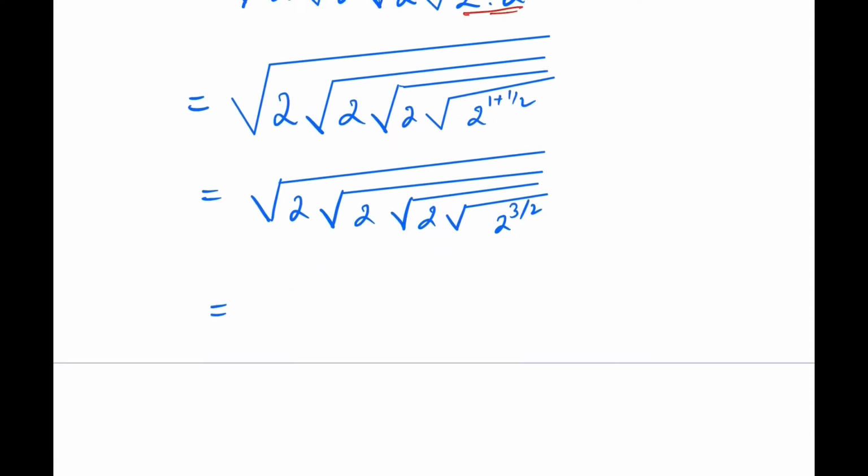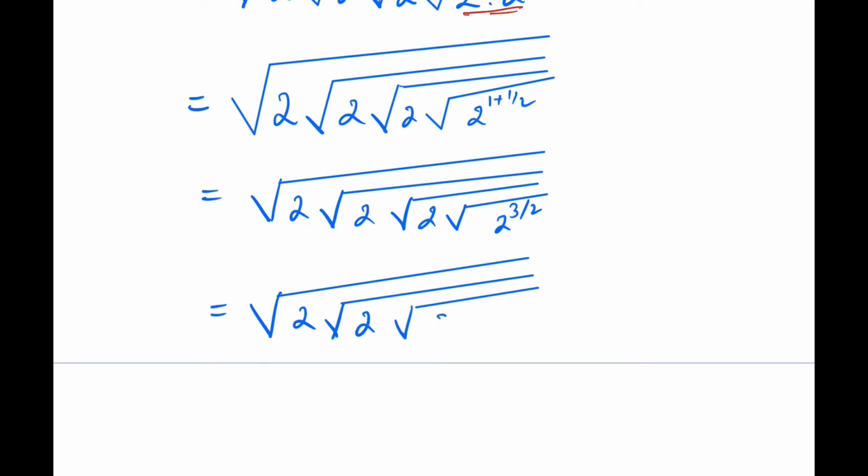Now this is equal to square root of 2 into square root of 2 into square root of 2. Now this one we can write into 2 raised to the power 3 by 2 into 1 by 2.